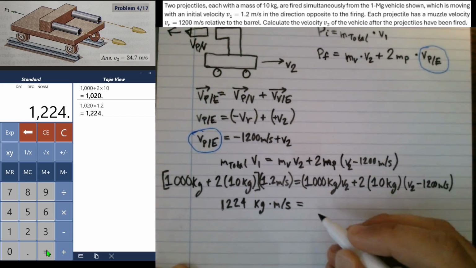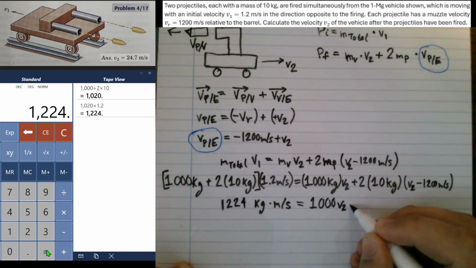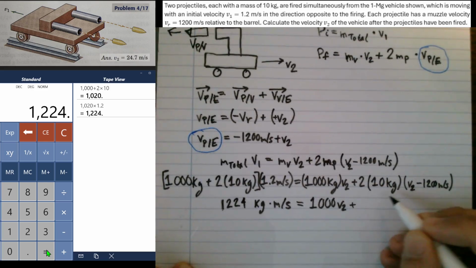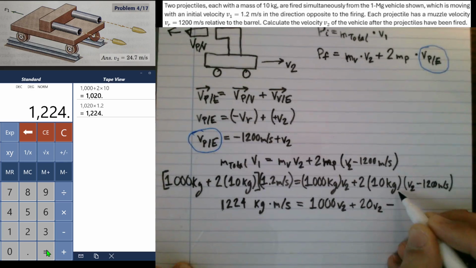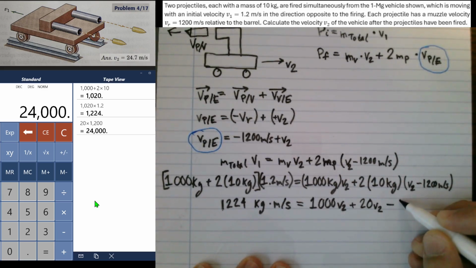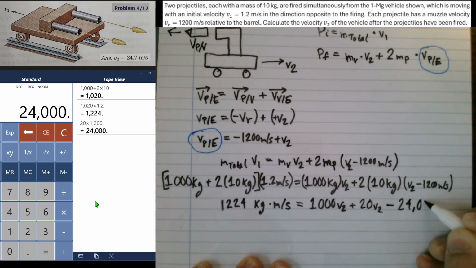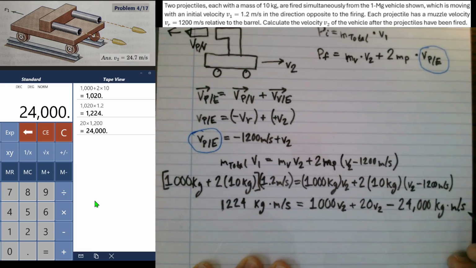That's equal to 1,000 times V2 plus 2 times 10, which is 20 times V2, so 20 V2, minus 20 times 1,200, which is 24,000 kilogram meters per second.